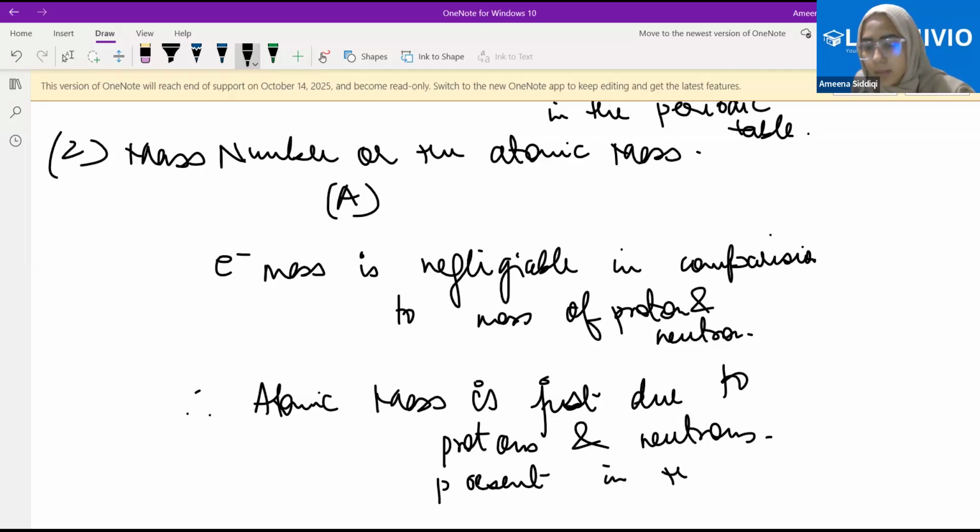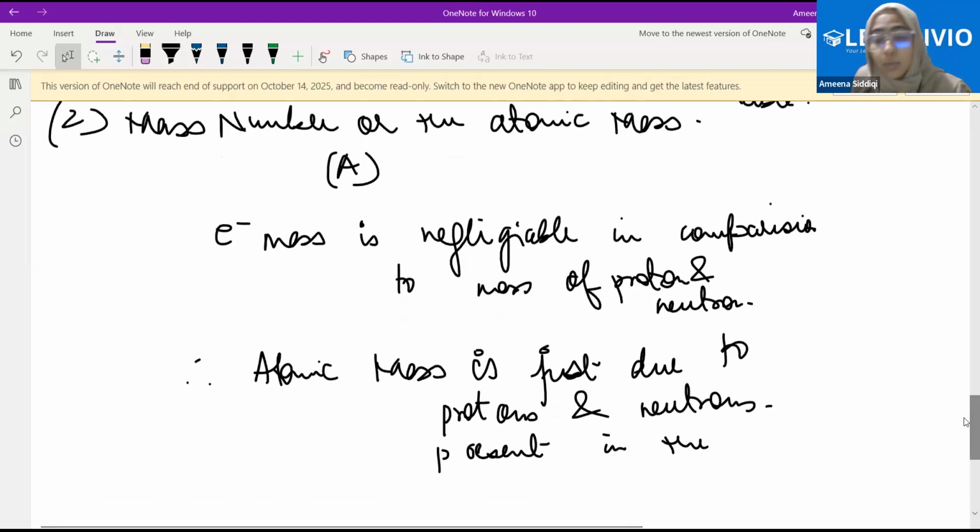So, ma'am, we won't include electrons while calculating the mass number. Yes, we will not include that. Okay, and that's what we are coming to. How do we get the mass number?